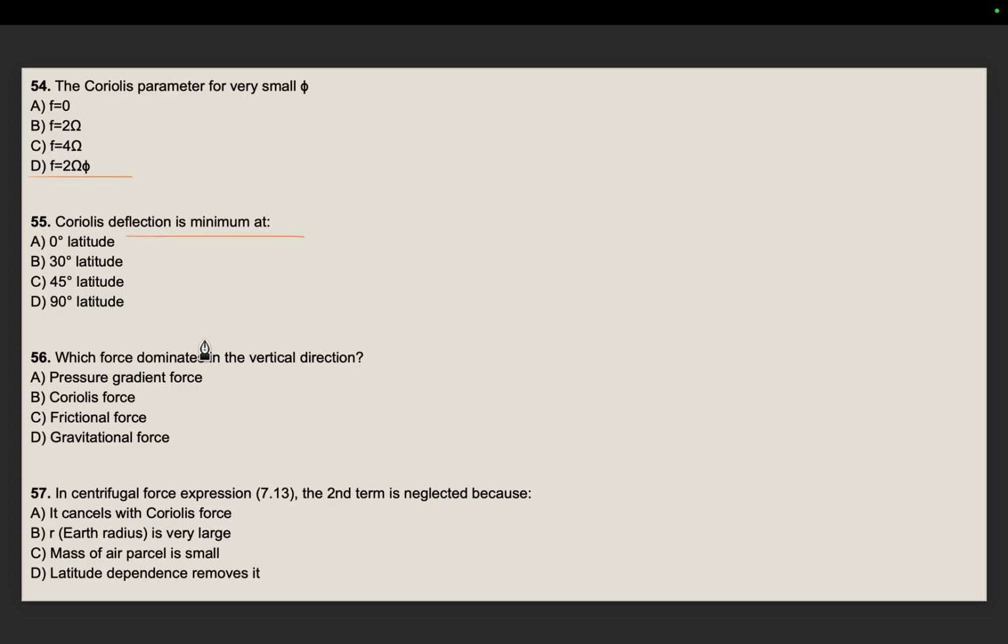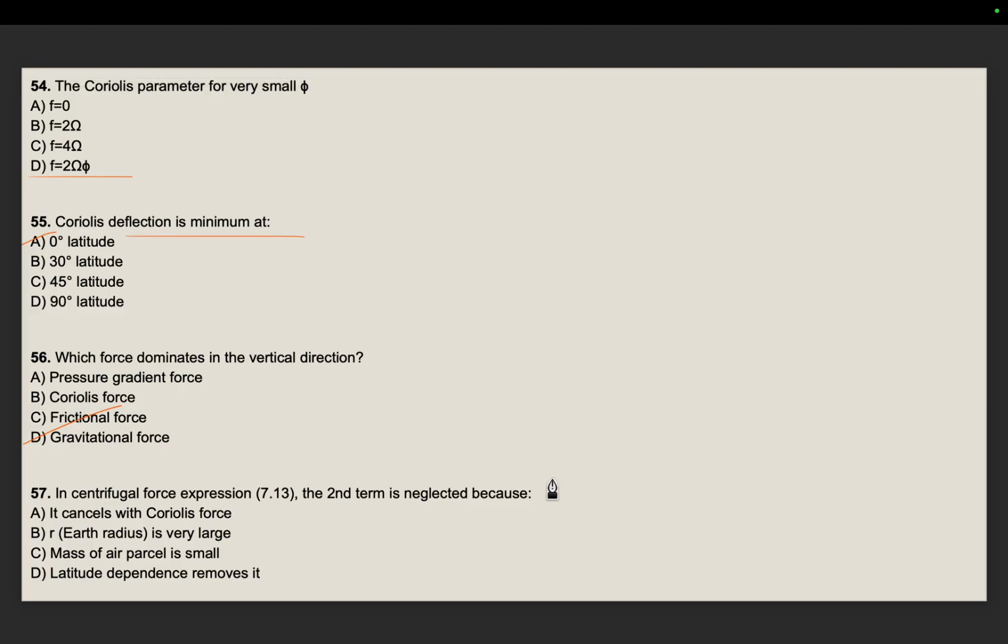Yes, this is 0 degree, where sin phi is 0. Now question 56. Which force dominates in the vertical direction: pressure gradient force, Coriolis force, frictional force, or gravitational force? Gravitational force dominates in the vertical direction.